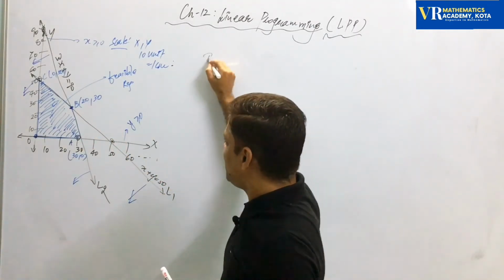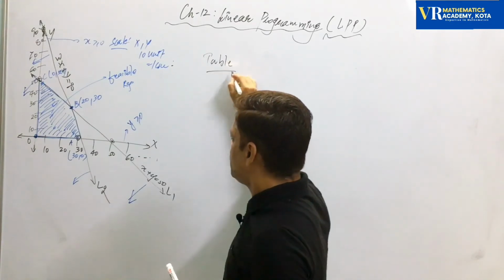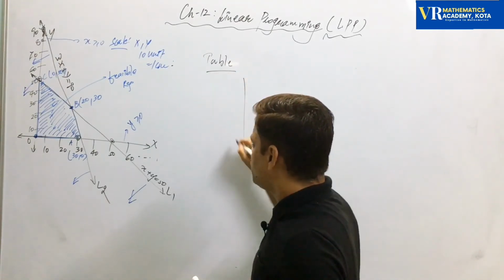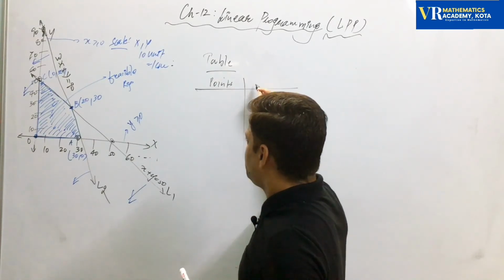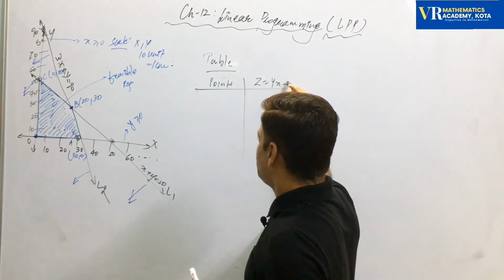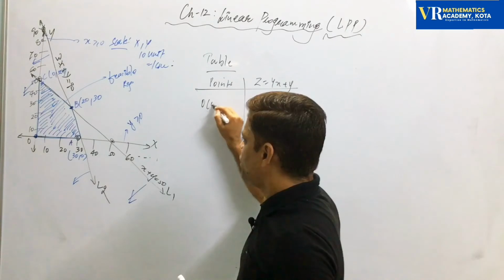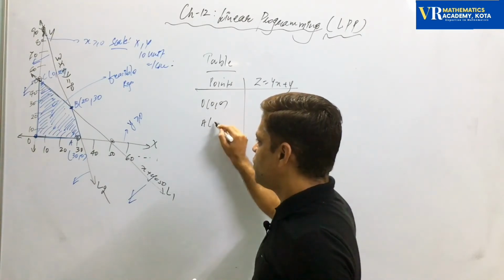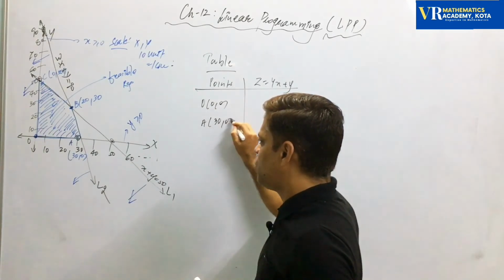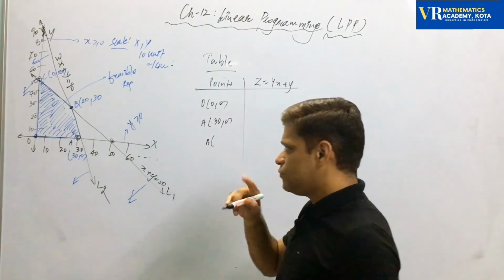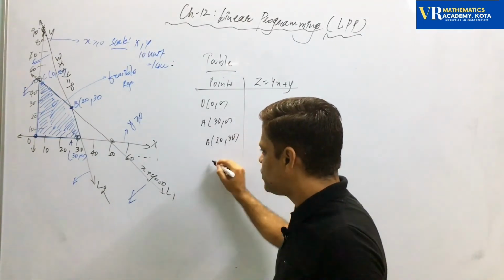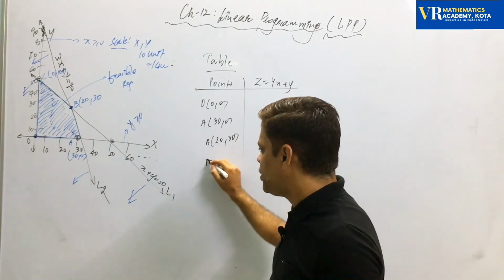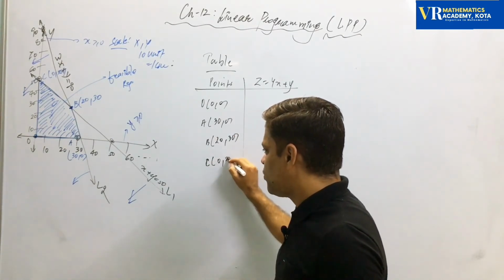So for that, in the last step we draw a table, and in the table on one side we put the points, and here we write z is equal to 4x plus y. The points are (0, 0), (30, 0), (20, 30), and the fourth point C, which is (0, 50).